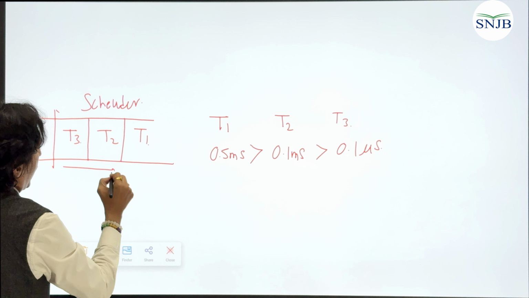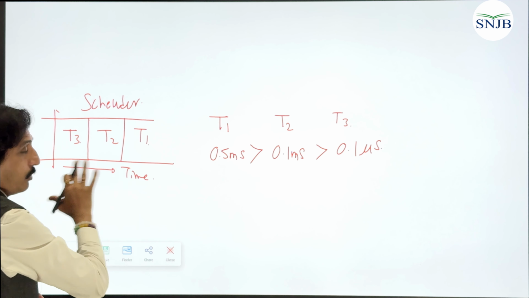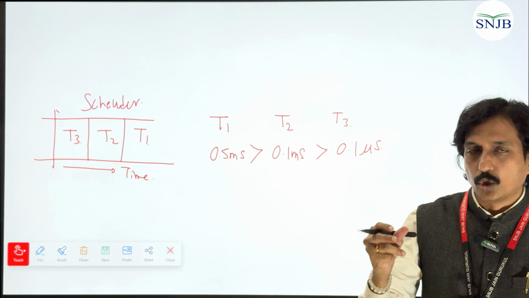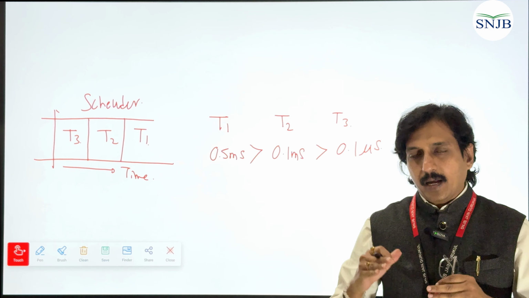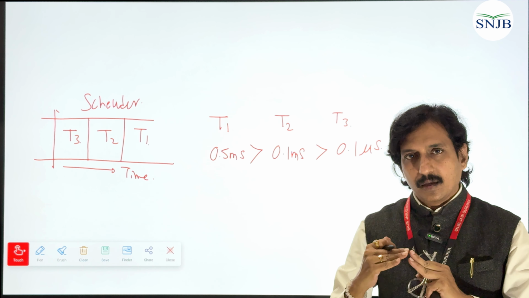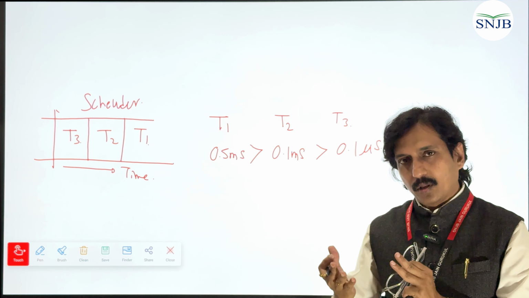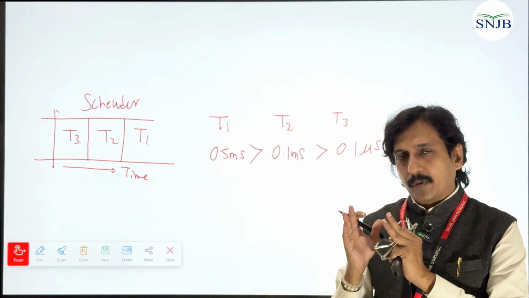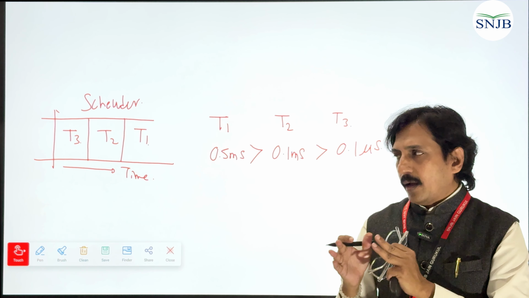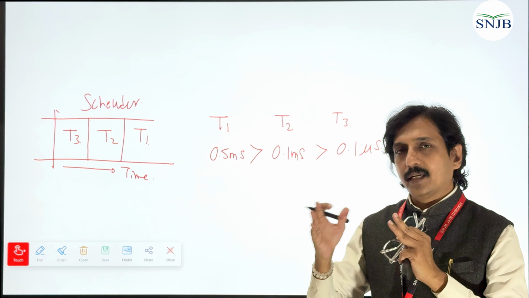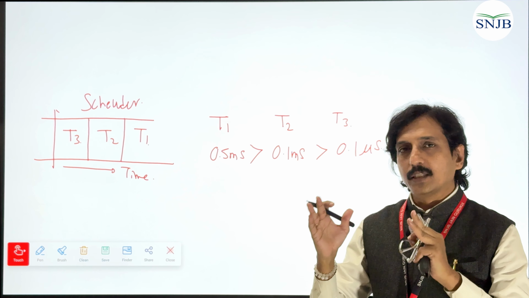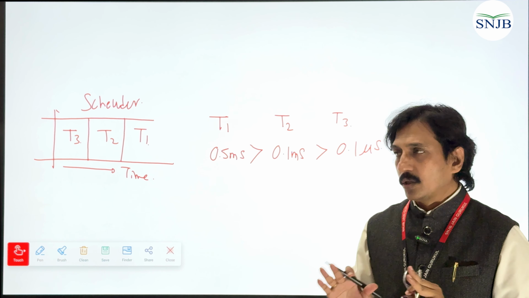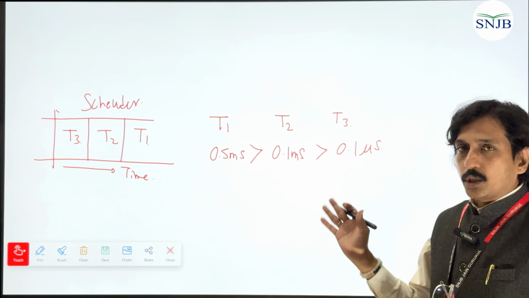The shortest task is loaded into memory, executes all its instructions, and is unloaded. Then it loads the task with a higher execution time, and finally loads the most time-consuming task into memory last. So this is shortest job first.